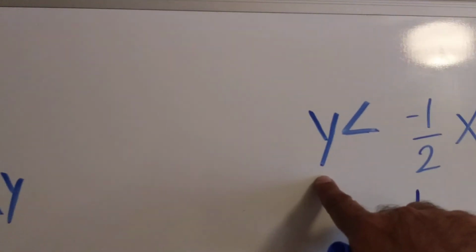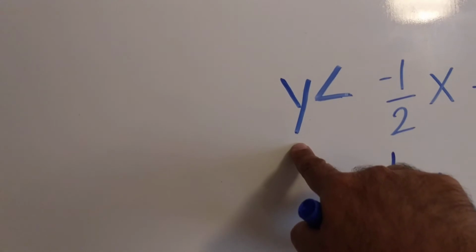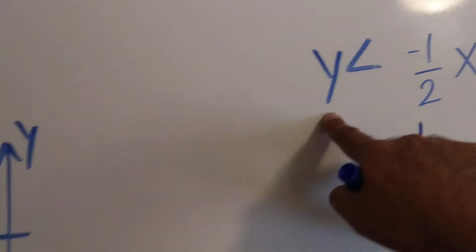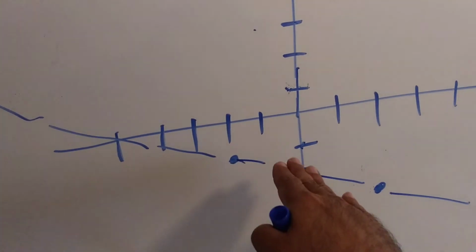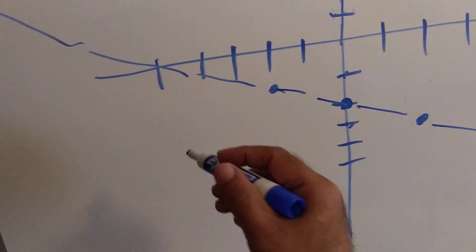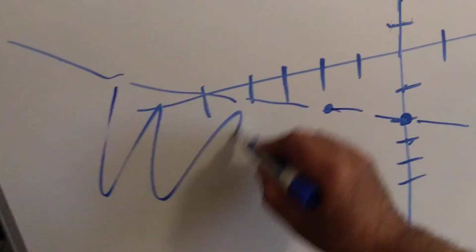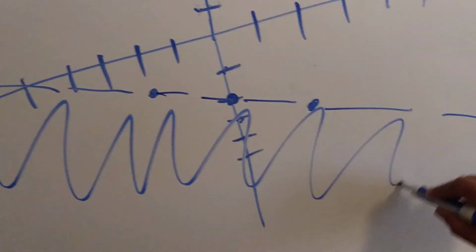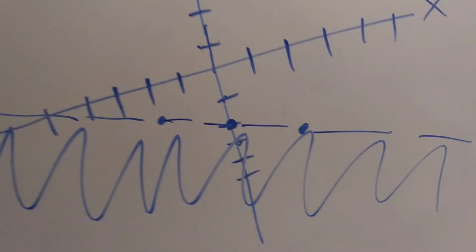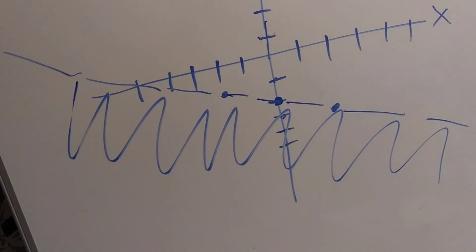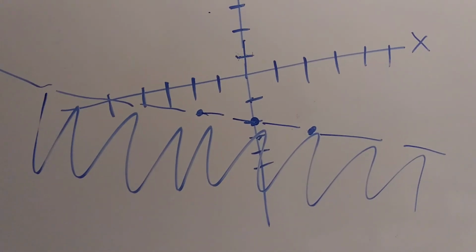In this case, we're looking for values that are going to be less than that line. So where are the numbers going to be smaller? Are the numbers going to be smaller to the bottom of the graph or on the top of the graph? The bottom, right? So in that case, all of these, and I'm just shading it in like that, all of those points below that graph are going to be potential solutions for that problem.